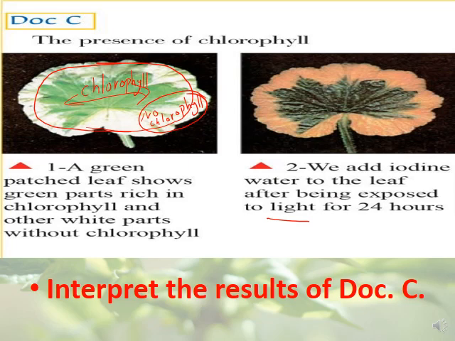Here I add a lot of interpret questions in order to get familiar with this action verb. So first, interpret the results of document C. As we said before, what is interpret? It's analyze plus indication. This indicates that after adding iodine water to green leaf parts, these parts that are rich in chlorophyll, we have a dark blue color.